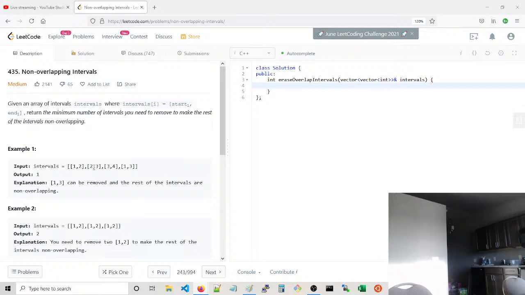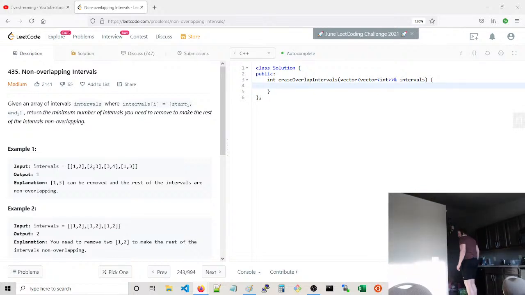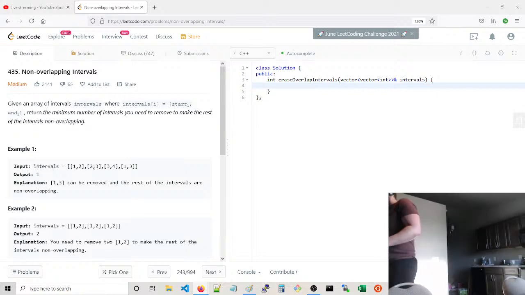Can't think of a data structure that can support what I'm trying to do, so it's definitely like sorting the list once can put things into a spot where, oh, maybe we need an interval tree. Oh, maybe that's what we need. I didn't think about that.